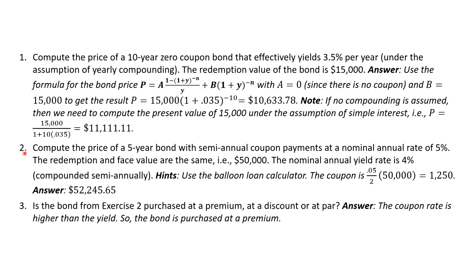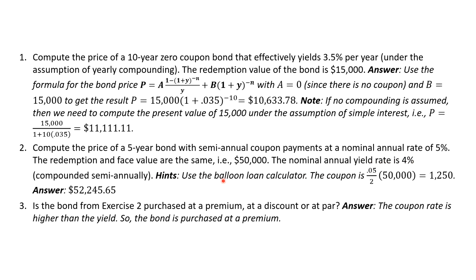The second problem, compute the price of a 5-year bond with semi-annual coupon payments at a nominal annual rate of 5%. The redemption and face value are the same. We've been typically assuming that, and it's $50,000. So the nominal annual yield rate is 4%.